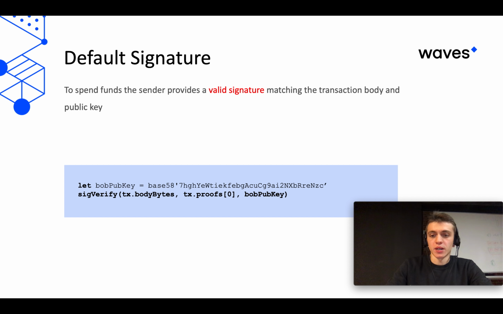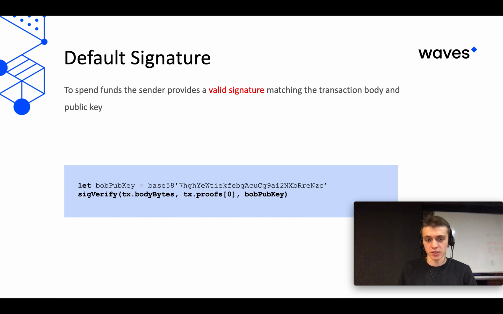By default, you can imagine that a usual account, not a smart account, has a contract with this body on your screen. Bob public key is a base 58 string, and sig verify is a function which checks the signature of a transaction. It accepts 3 arguments. First is the body bytes of the current outgoing transaction.